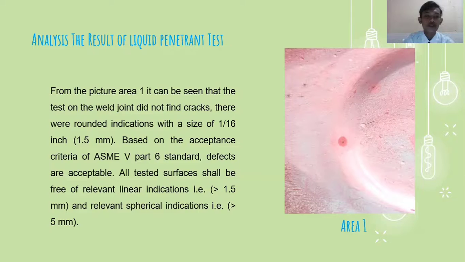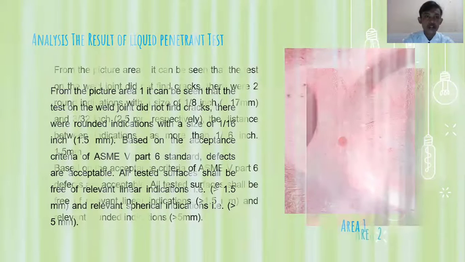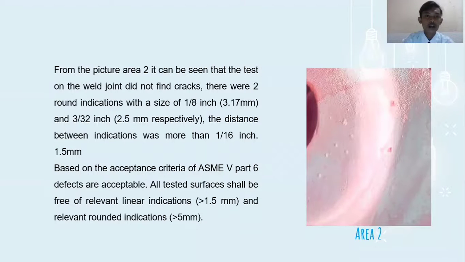The next, from the picture of area 2, it can be seen that the test on the weld joint did not show cracks. There were two rounded indications with sizes of 3.17 millimeter and 2.5 millimeter respectively.